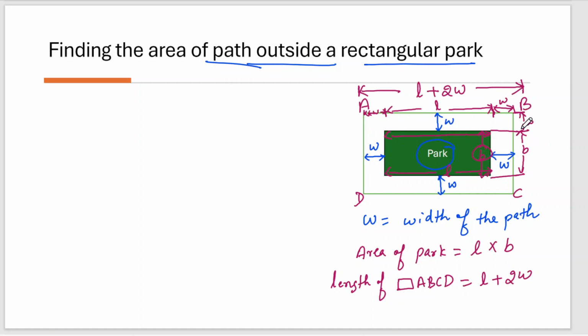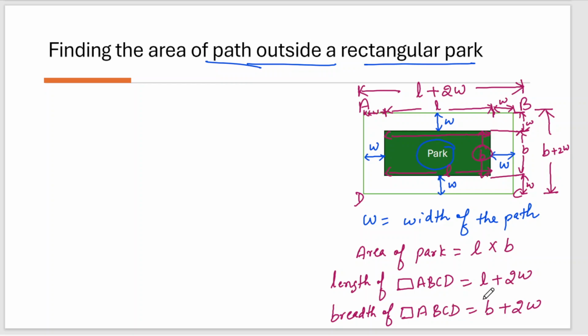It is W here and here also it is W. So what is the total breadth of this rectangle ABCD? It is B plus 2W. So we have got the breadth of rectangle ABCD, and that is B plus 2W.